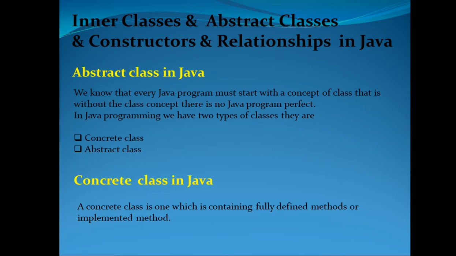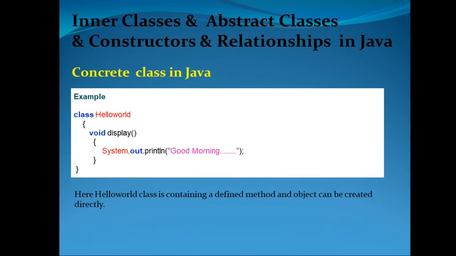Concrete class in Java: a concrete class is one which contains fully defined or implemented methods. Here is the example of a concrete class. Here we have a HelloWorld class which has a method display and prints the value good morning. Here the HelloWorld class contains a defined method and an object can be created directly.